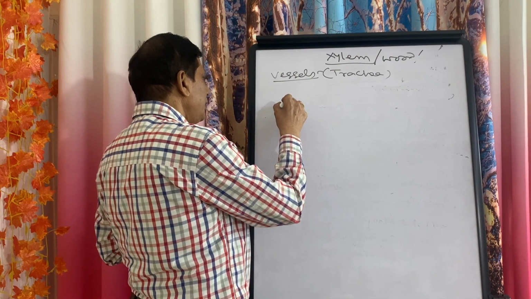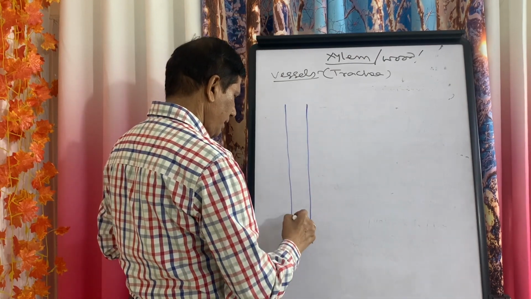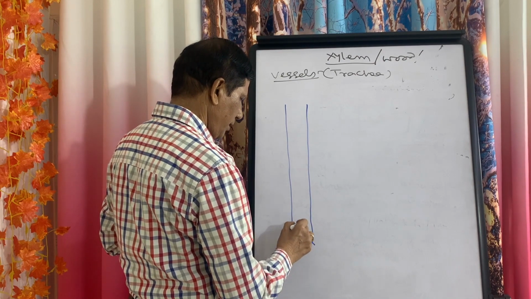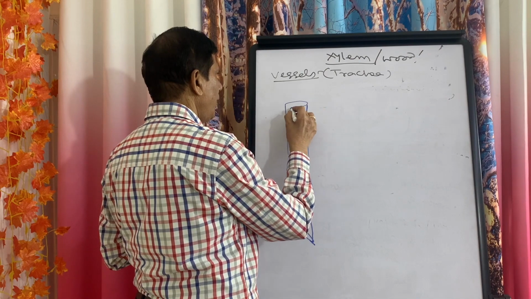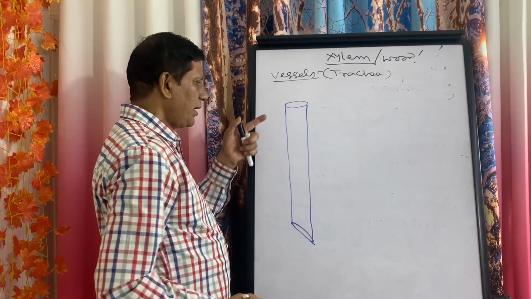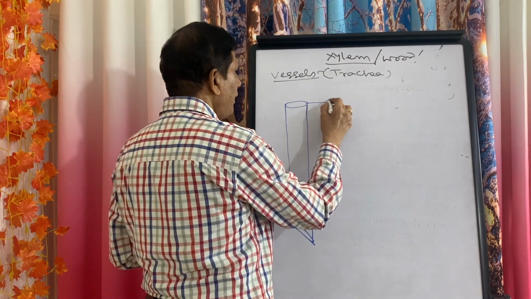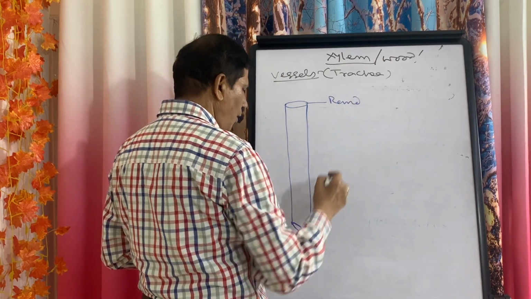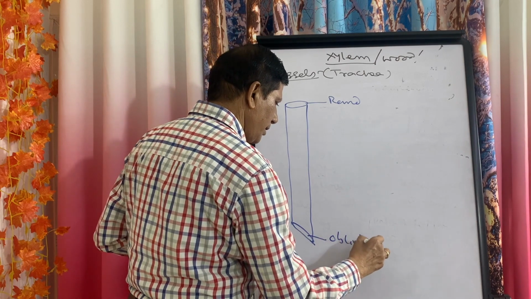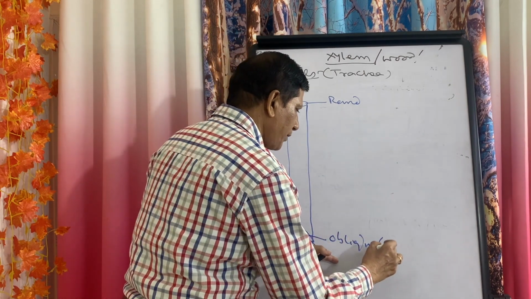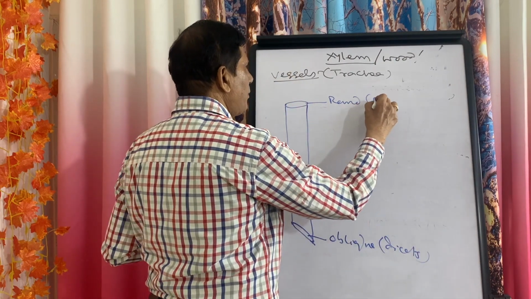Now this is one cell. You see, this end may be round or it may be oblique. Usually it is oblique in case of dicots and round in case of monocots.